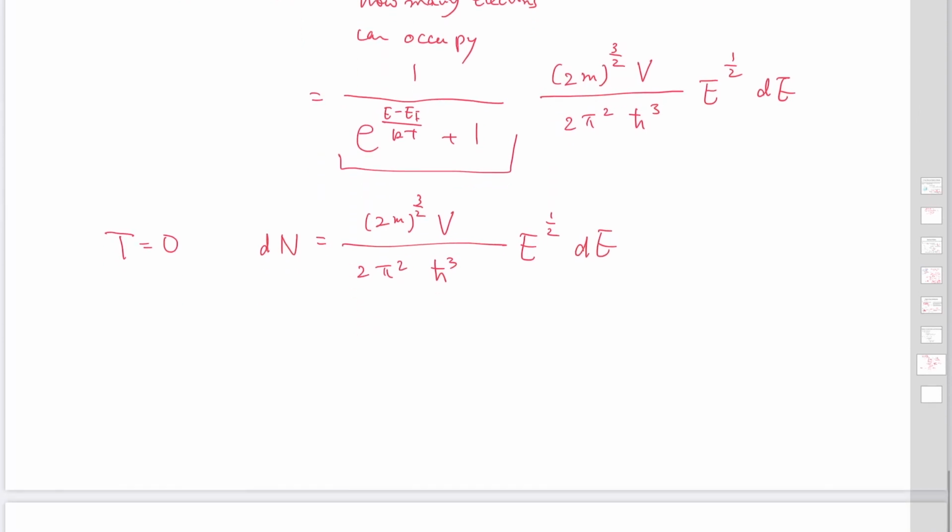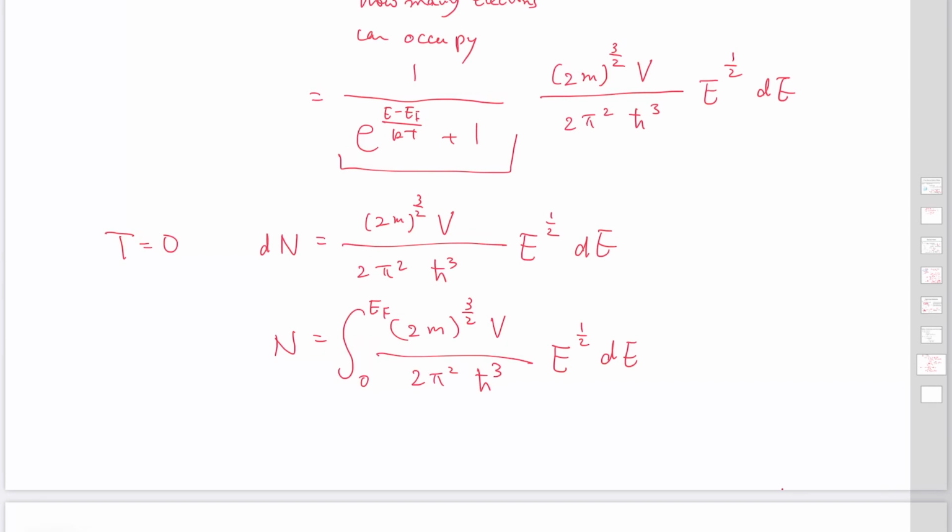Then to find the total number of electrons, you need to integrate from 0 to the Fermi energy: (2m)^(3/2) V over 2π² ħ³ E^(1/2) dE.